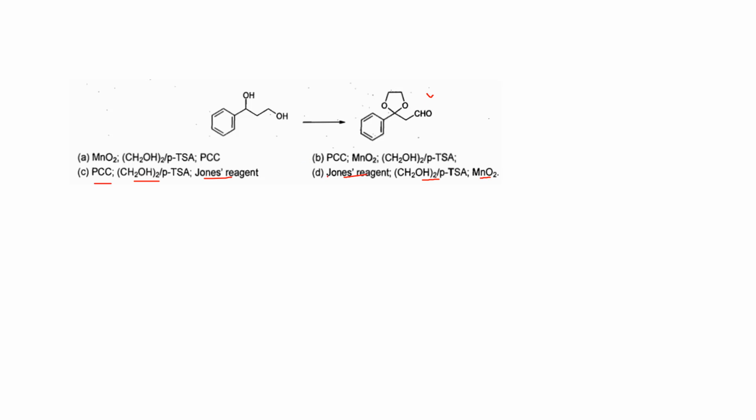What will be the procedure for going from this to this? I will give one minute, just think. All these reagents have been discussed in the last class, I hope: the oxidation reagents, Jones reagent, PCC, MnO2.